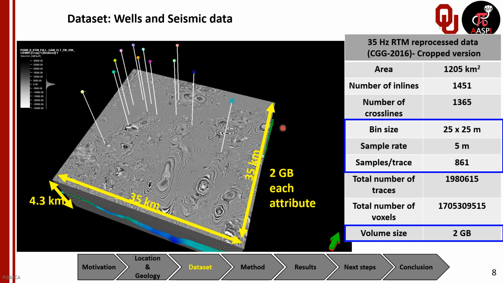Each attribute is 2 gigabytes. The bin size is 25 by 25, and the sample interval here is 5 meters. And this is the total number of traces and total number of voxels. Actually big data, because any machine learning prediction is done on this huge amount of voxels.